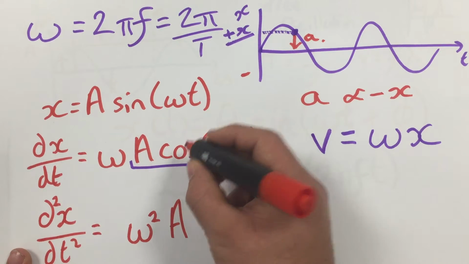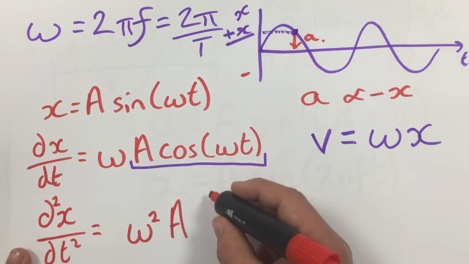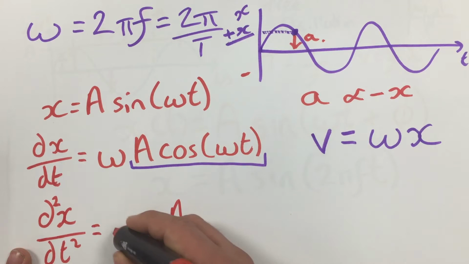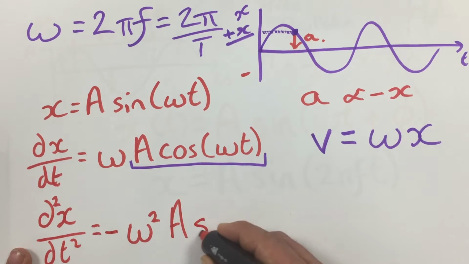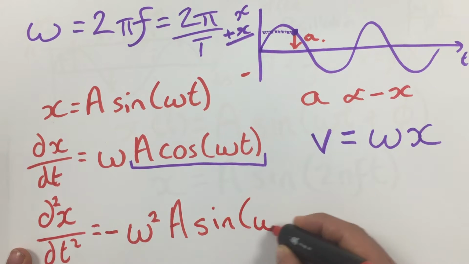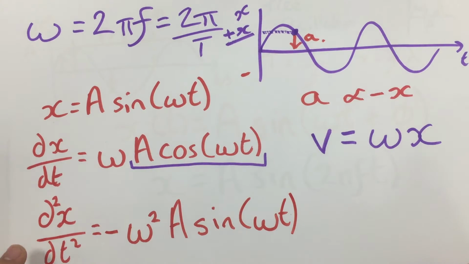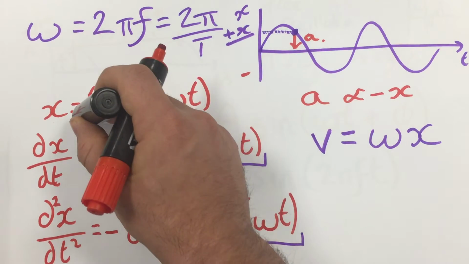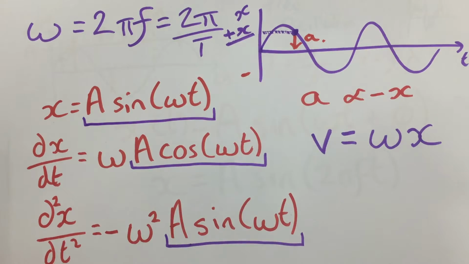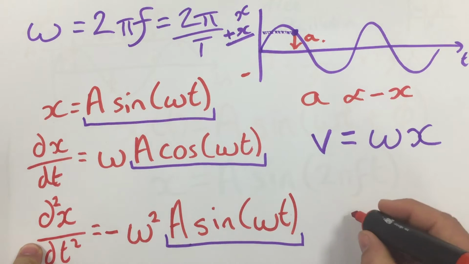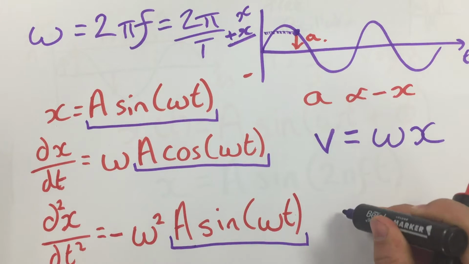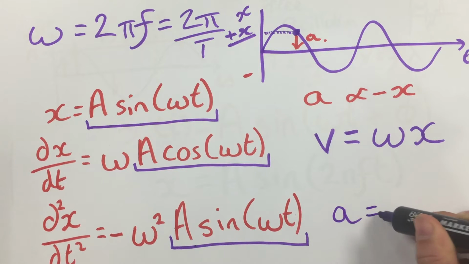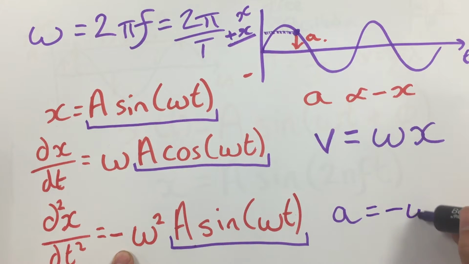And when I differentiate cosine, I get minus sine. So it's minus sine, and then inside the bracket stays the same. Now if you look carefully at this, you'll see that this bit here is the same as our displacement at the start. So since this is equal to acceleration, we get that acceleration is equal to minus omega squared x.